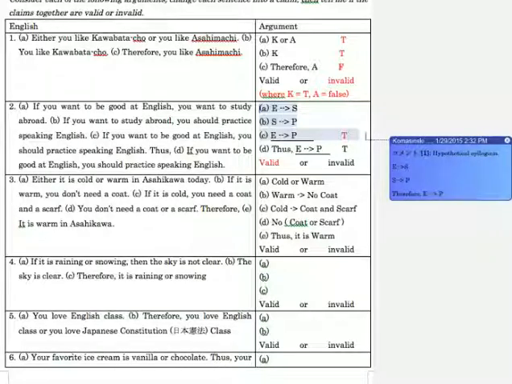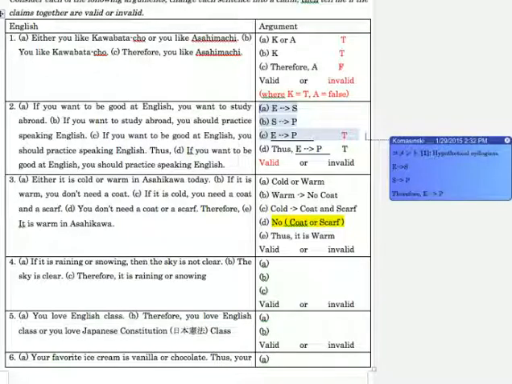All right. So this claim is the most interesting for us. No coat or scarf. So no coat or scarf. What does this mean as English? So the reason I've added parentheses has to do with the meaning.